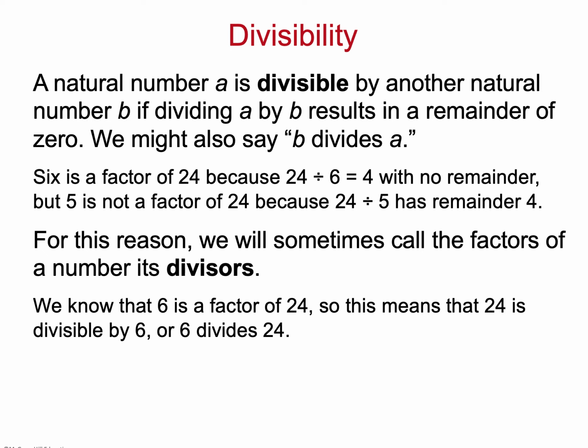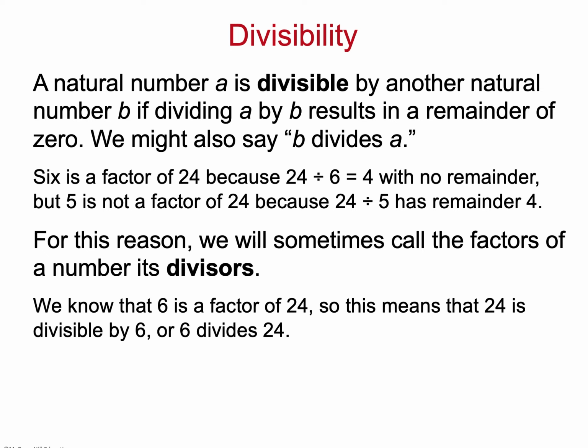For divisibility, I'm going to use the ideas of factors and I'm going to build upon it. So a natural number A is divisible by another, B, if dividing A by that factor B results in a remainder of 0. So if it is a factor, when I do the division, I should have no decimals, no remainders.